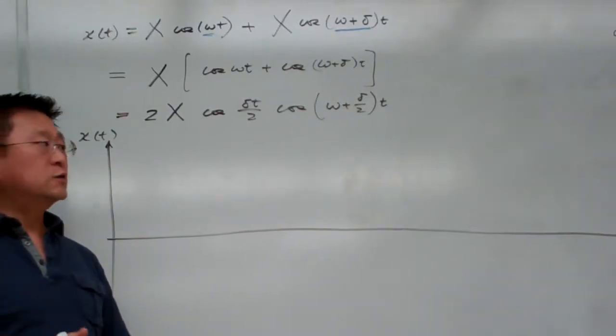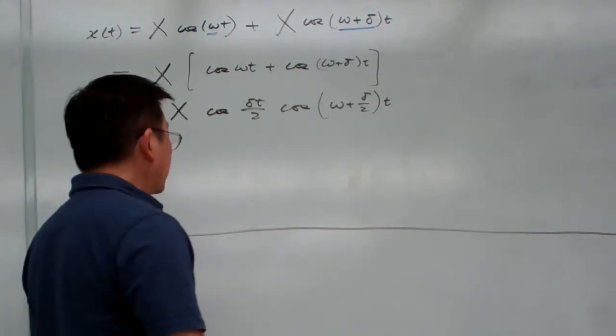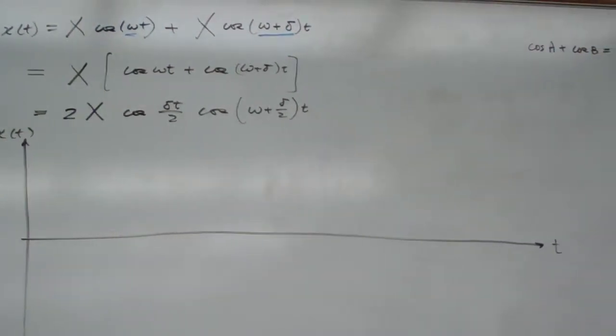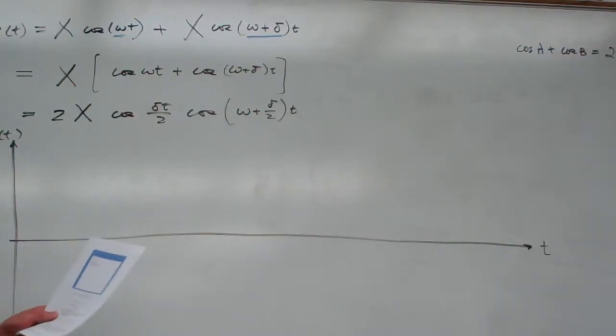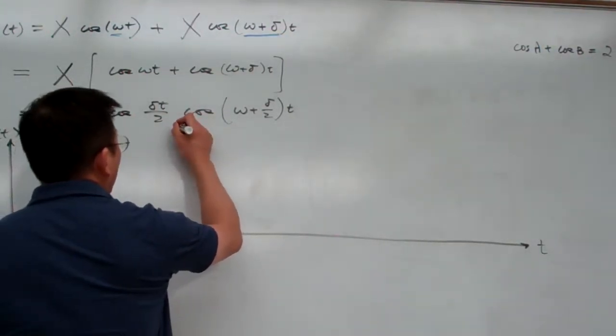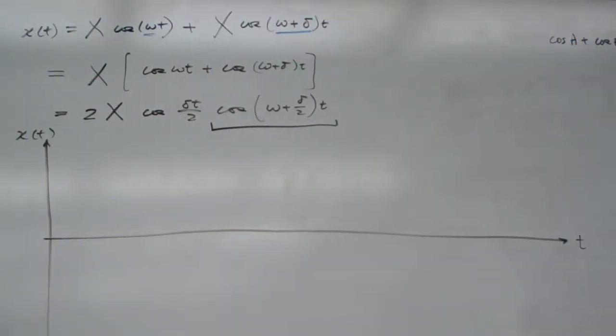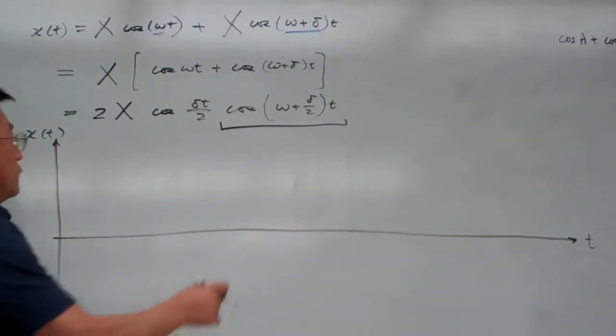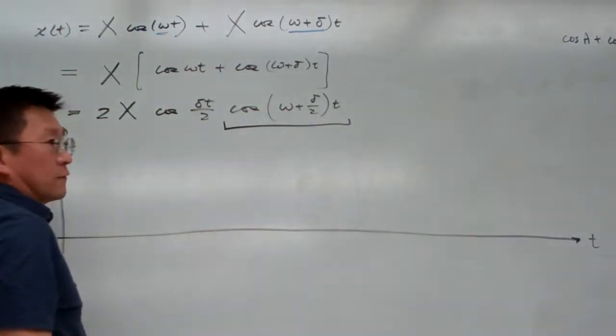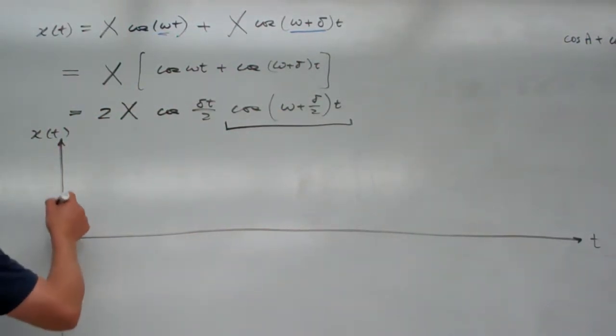How do we draw this? The way you can try is this: you start from here. We're kind of peeling the onion, layer by layer. For the first one, this is a cosine function.